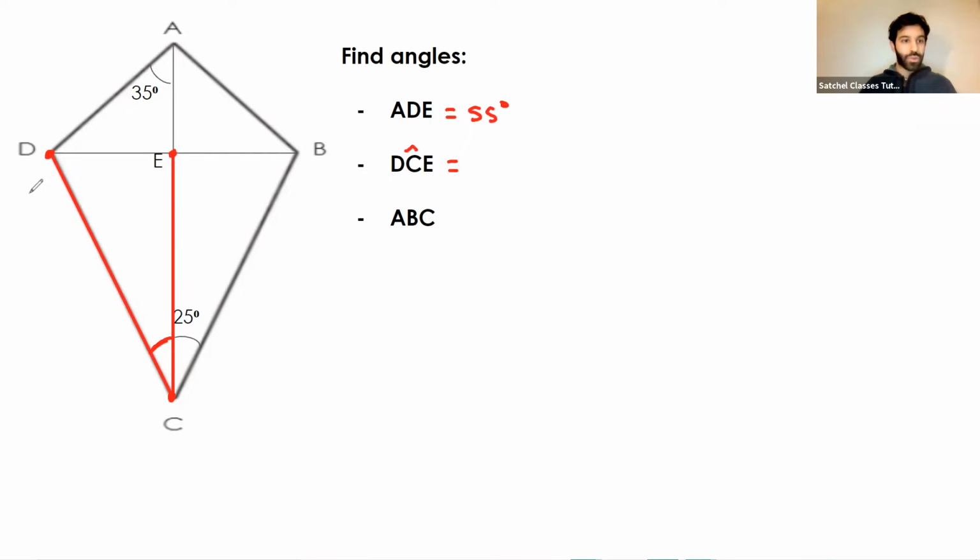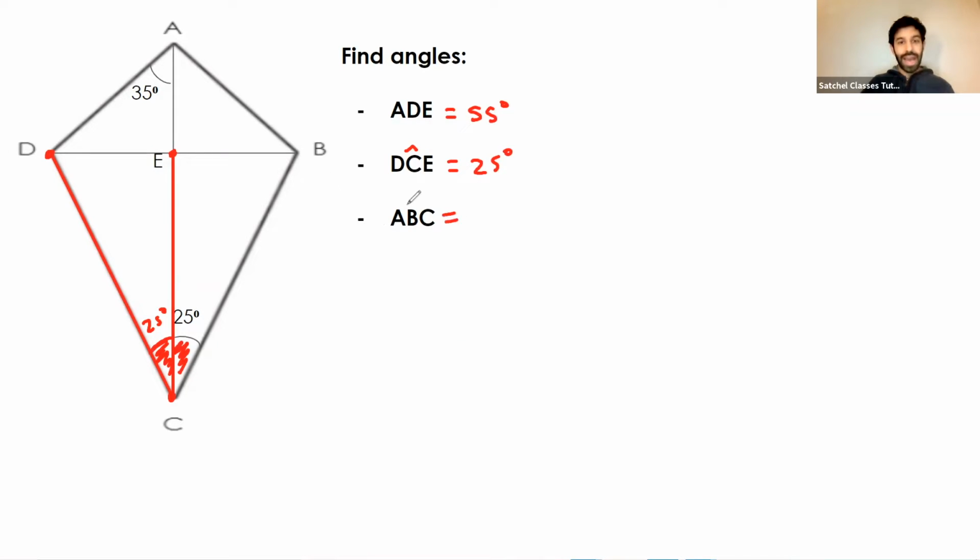The angle that's in between D and E, which is angle C. Now we should be able to recognize that this angle here, the whole thing has been split in half by this line, and we can call this a perpendicular bisector. So we've split the angle in half. Therefore, if this angle is 25, this angle is also going to be 25. So DCE is equal to 25 degrees, and that's pretty straightforward.